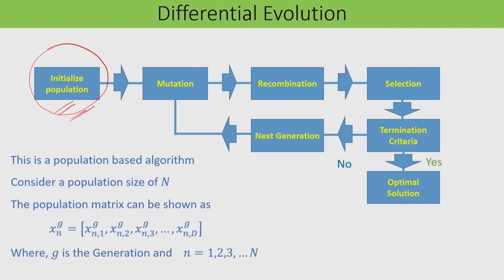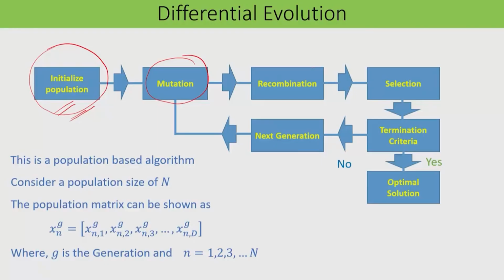After that we are mutating the solution. This mutation is different from what we discussed in the case of genetic algorithm, but the objective is the same, that I would like to create a new solution. Then we are using recombination, and this is also not similar to what we used in genetic algorithm.